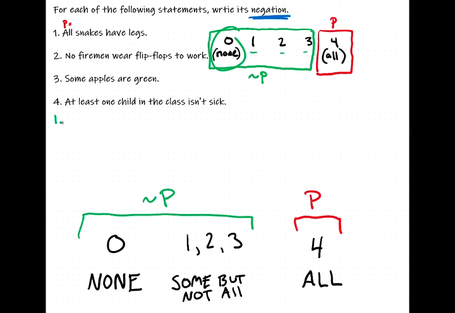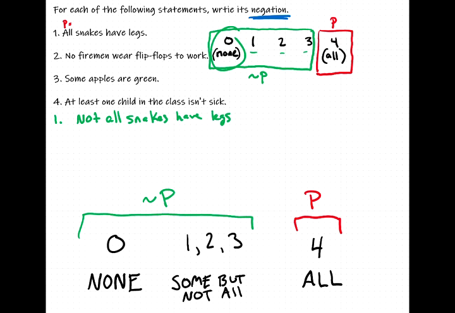So for number one, the negation of all snakes have legs. Well, I think the simplest way to write this is not all snakes have legs. That's one way to write it, and that would be perfectly correct.